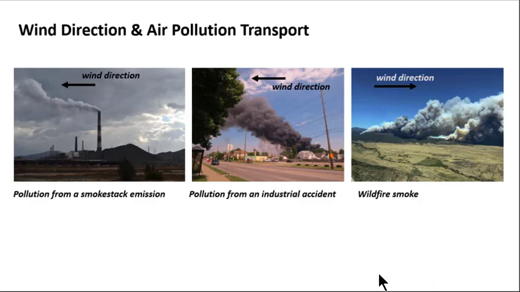While simple conceptually, a major challenge in these situations, especially for industrial accidents or fires, is to anticipate changes in winds that may occur during these types of events, since wind direction can change with time and therefore affect populations downwind of the event located at different locations from the incident at different times.